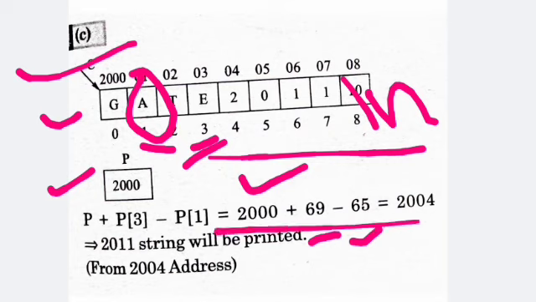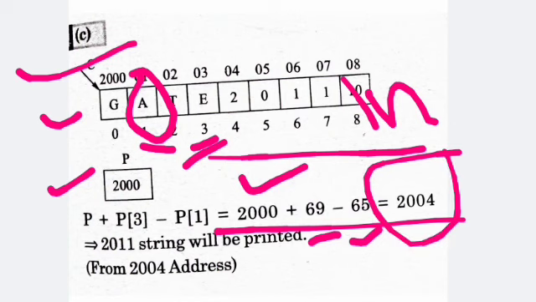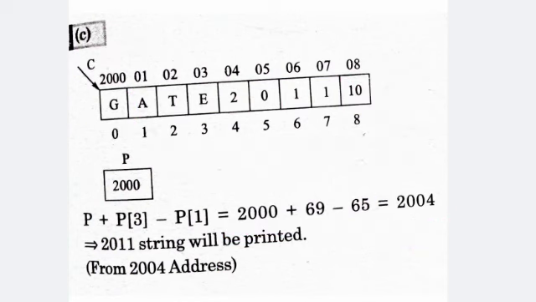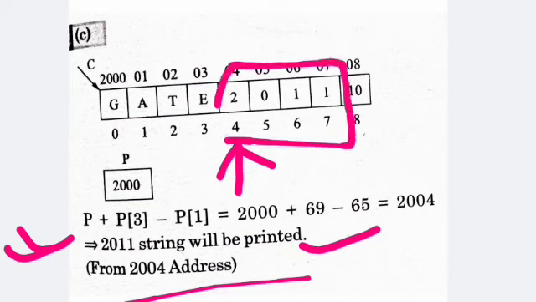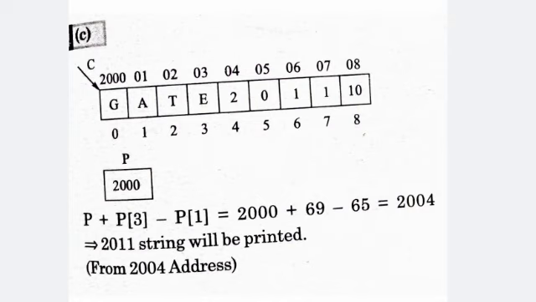So after adding and subtracting this expression we get 2004. So here 2004 is the address, and the string 2011 will be printed from the address 2004. That is, 2011 is the correct answer, which is option C.